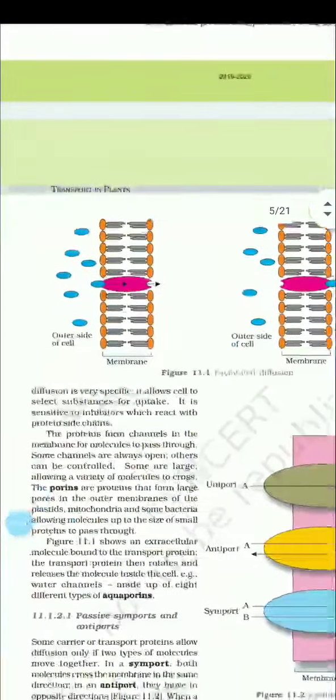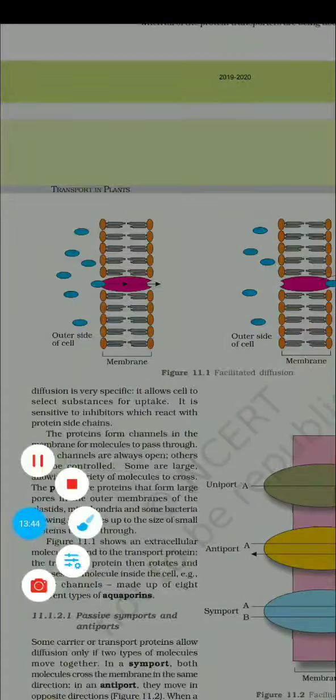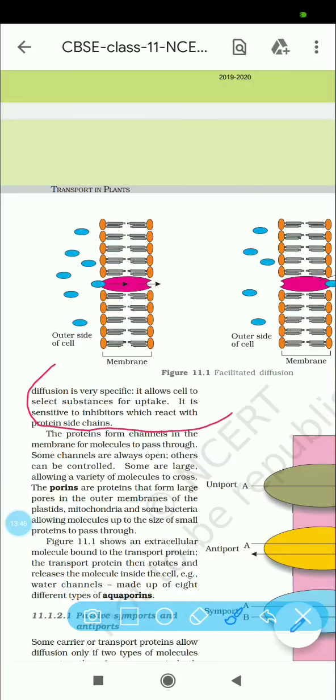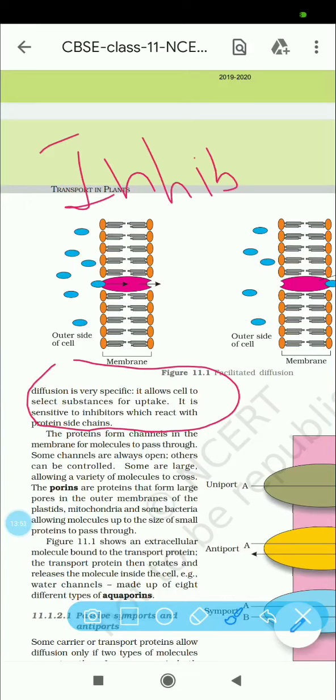Now this facilitated diffusion is highly specific. It is also sensitive to certain what we call inhibitors. These are compounds which can inhibit the facilitated diffusion.